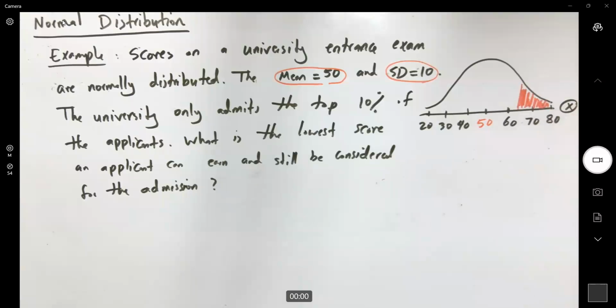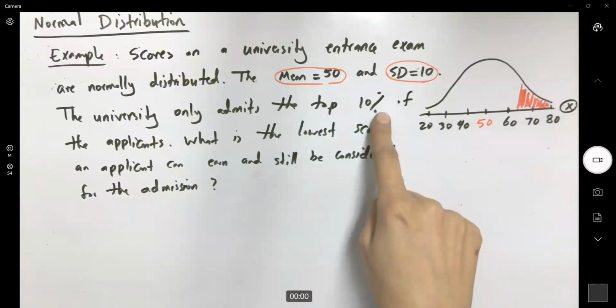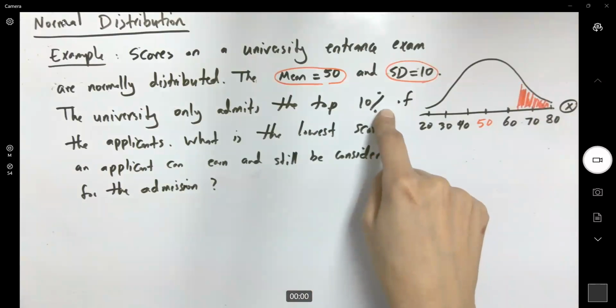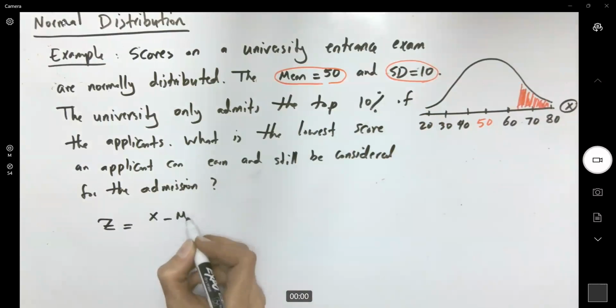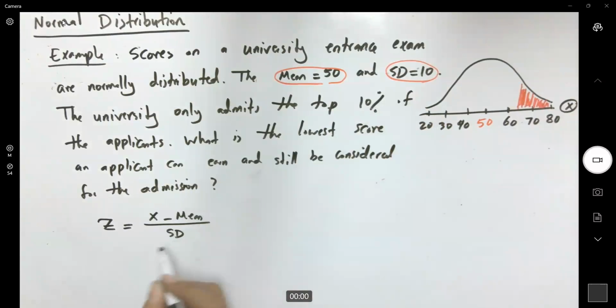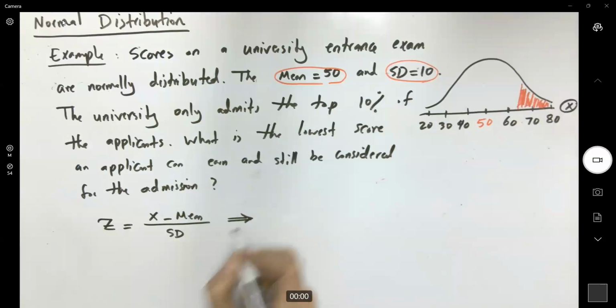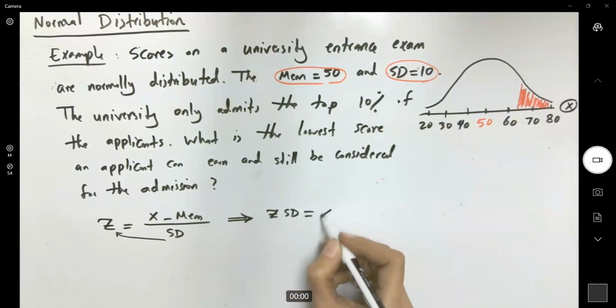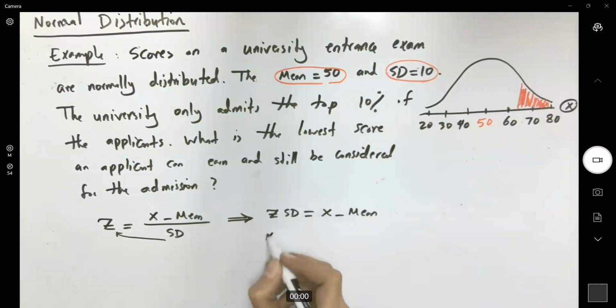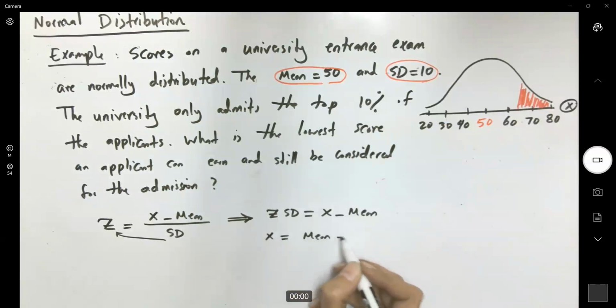First you need to find the Z-score associated to 10%. Why is that? Remember, Z is a transformation. It's like a machine. You get X minus mean divided by standard deviation. It takes your X values and converts them into Z values. So let us do some algebra. If we multiply Z and the standard deviation, it becomes X minus the mean. So my X becomes mean plus Z times standard deviation.